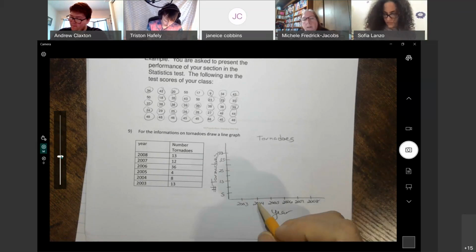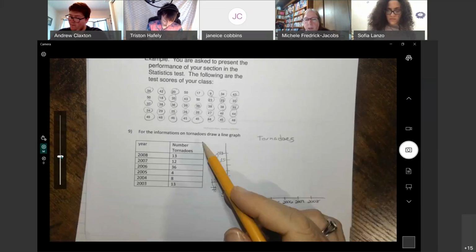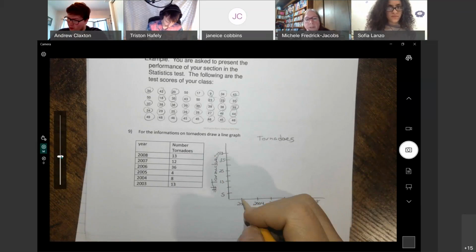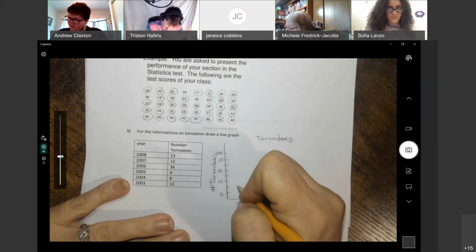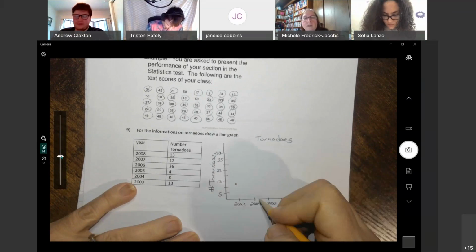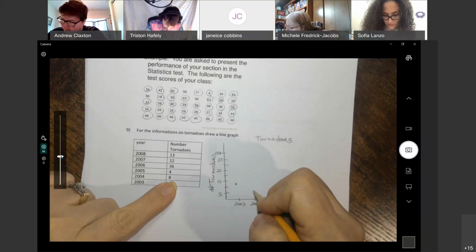Okay. Any questions so far? So we put the years on the bottom. Frequency always goes up. In this case, it's the number of tornadoes. So in 2003, there were 13. So you make a point at 13, right about there. In 2004, there was 8, right about here.